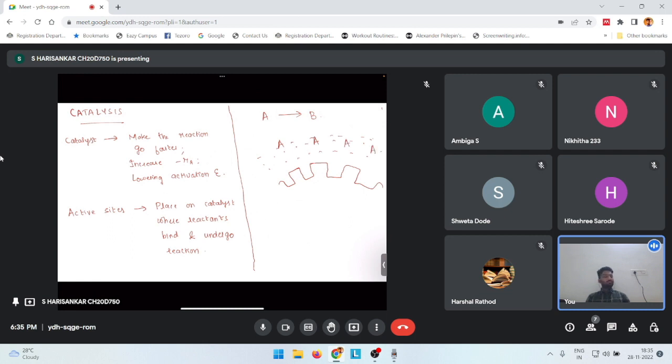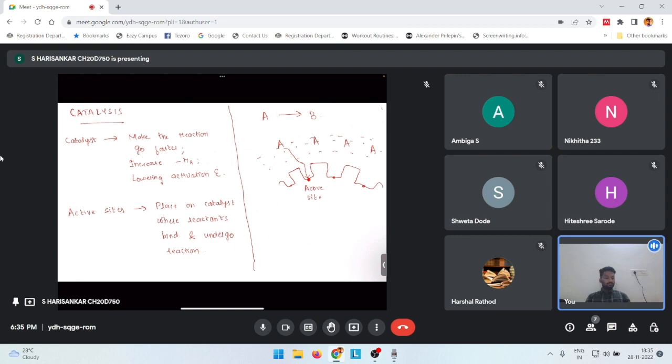What happens is this A will come in contact with your catalyst and bind at a point, and this point is called the active site. These can all be active sites.